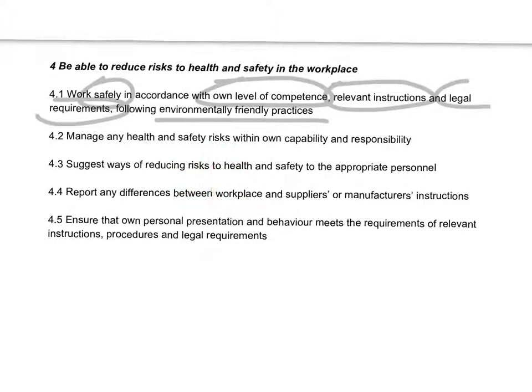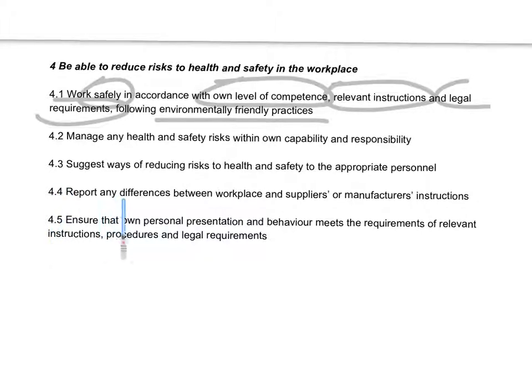You may have identified something from the previous outcomes when you highlighted the highest risks and hazards in your workplace. So what could you perhaps suggest to your boss in terms of reducing risks to health and safety to your line manager? Give an example. Again, be precise. The more specific, the better, always.